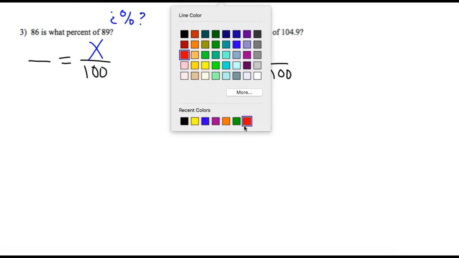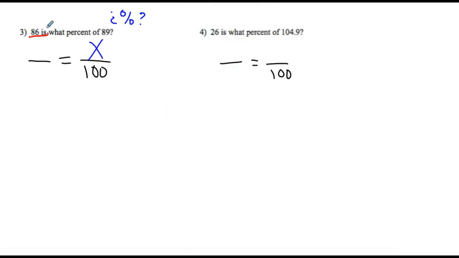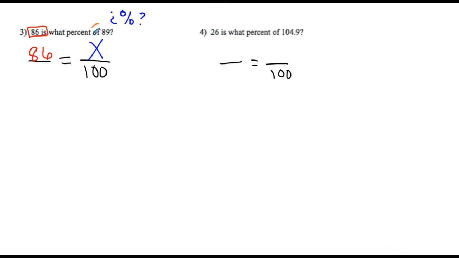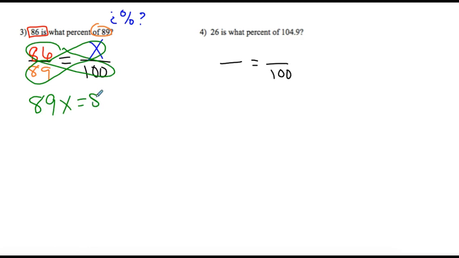Now when I'm looking at what part is connected to is, this 86 is the number connected to is, so I'm going to put 86, and then my of number that's connected is 89. Once I get my proportion set up, now we cross multiply. 89 times x is 89x. 86 times 100 is 86 with 2 zeros.